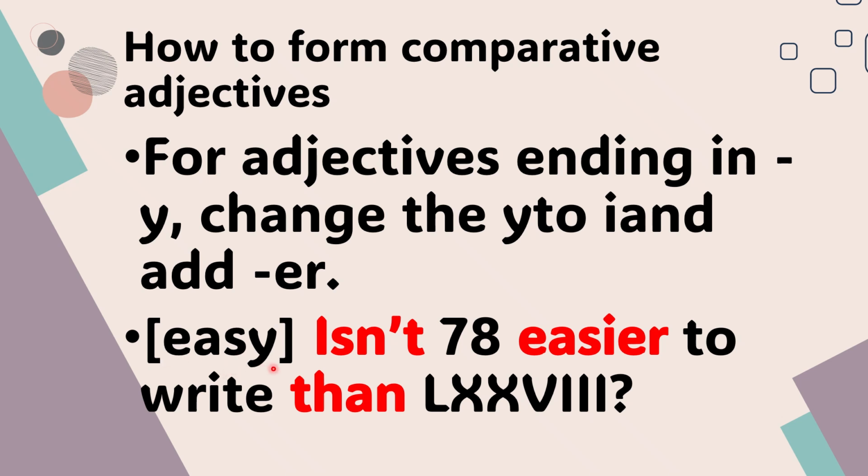Easy ends with Y, so we change the Y into I and then add ER. Easier. Isn't 78 easier to write than 78 in Roman numerals?